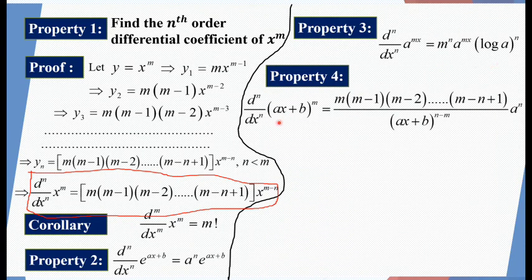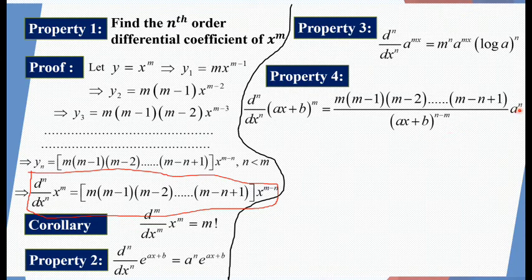Property 4, nth derivative of ax plus b power m. So it will be m into m minus 1 into m minus 2 up to m minus n plus 1, a raised to power n upon ax plus b power n minus m. We can write it in the product also.